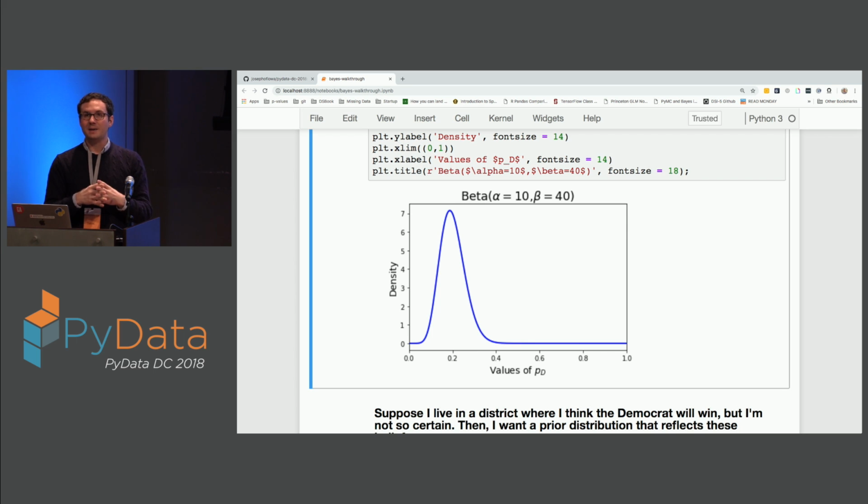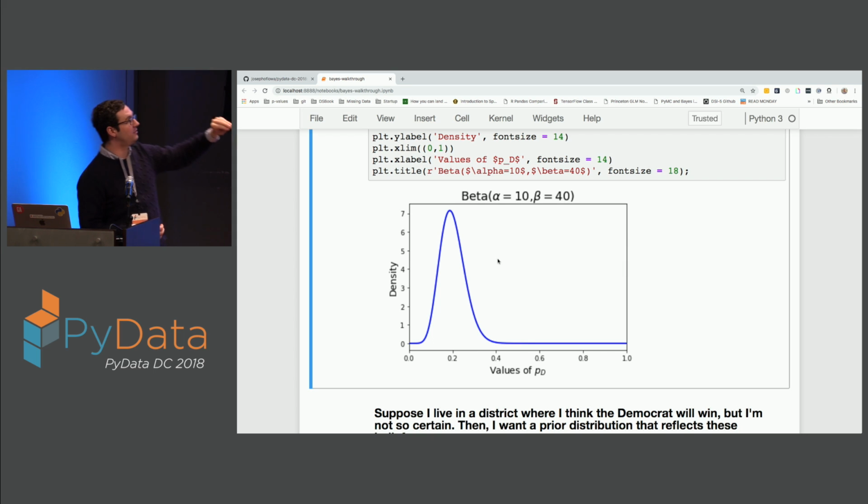But in this case, here it's alpha and beta, I picked these hyperparameters specifically because I think the Democrat is going to do really badly. So if we look at this, almost all of the weight in my distribution based on my previous beliefs about how the Democrat is going to do is between about 10% and 30 or 35%. So this is an example of coming up with a prior distribution for our parameter.